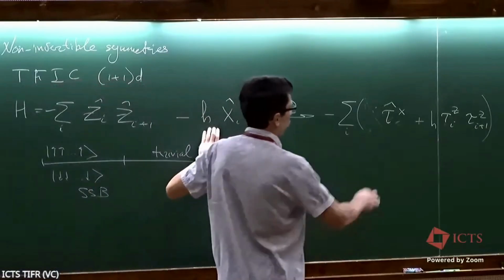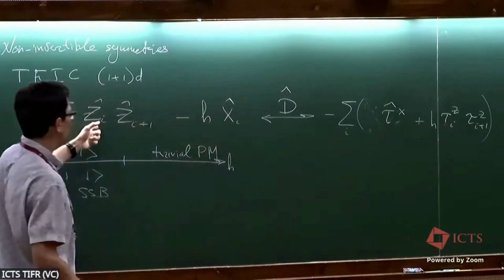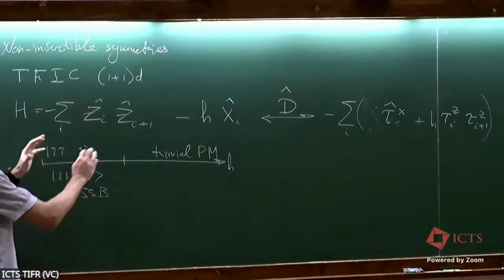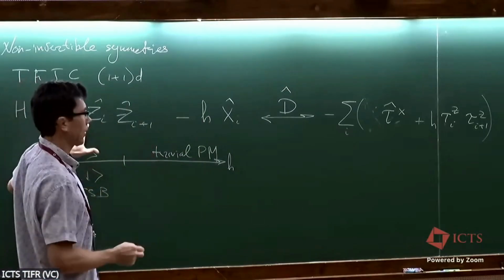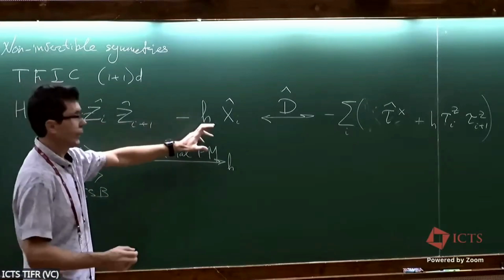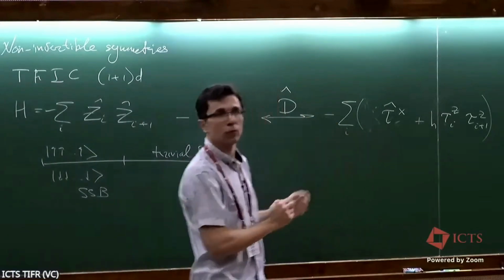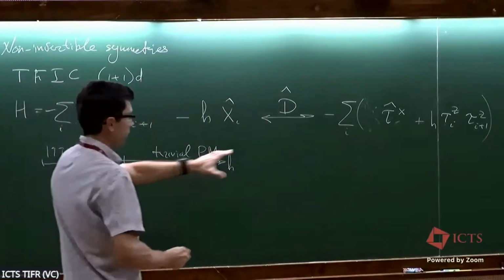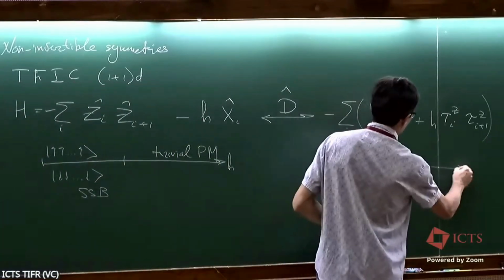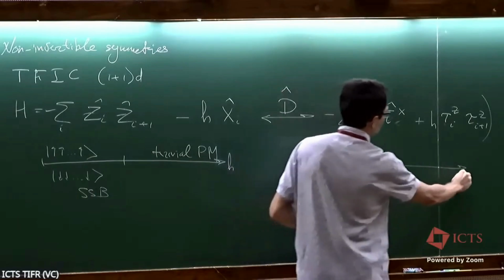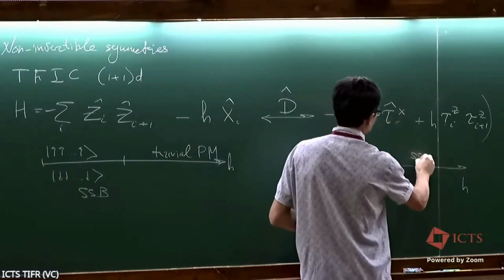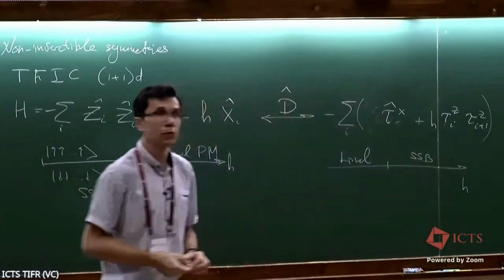Another way to think about this is dividing both sides of the Hamiltonian and thinking of the coupling constants here and here. And what this does is it inverts them. So the phase diagram of this model would be the opposite. You would start from a trivial phase for small fields, and you would have a spontaneously symmetry broken phase for large fields.